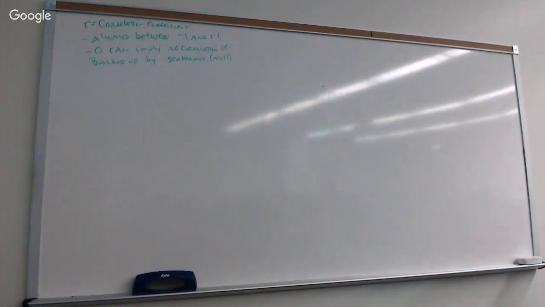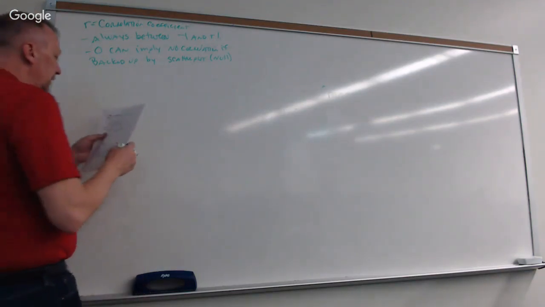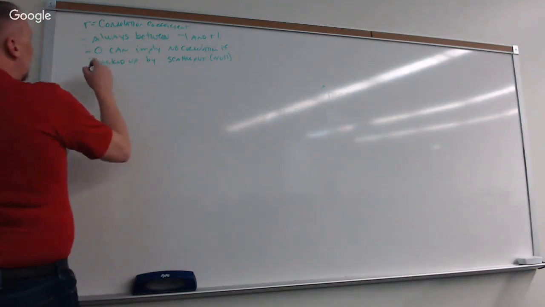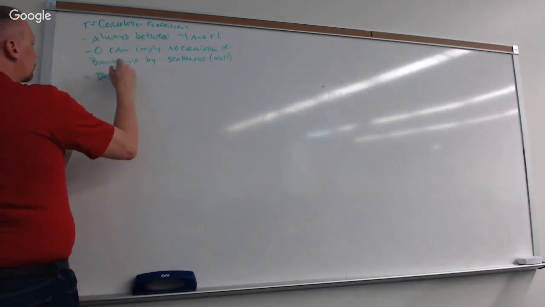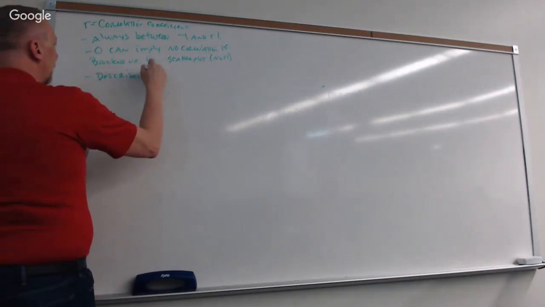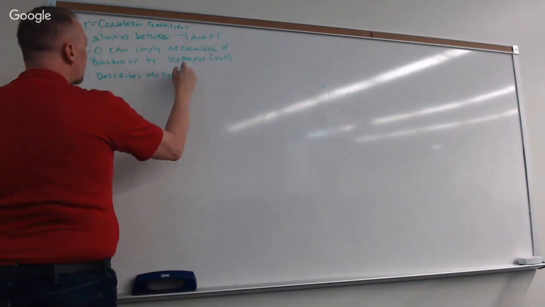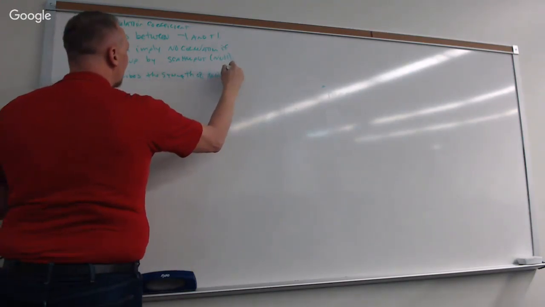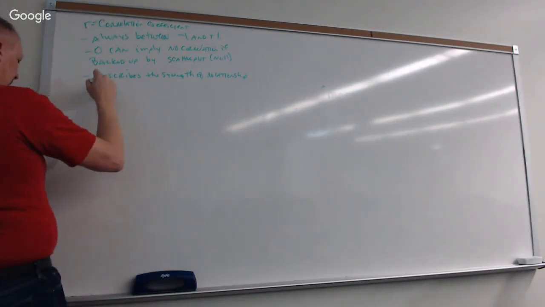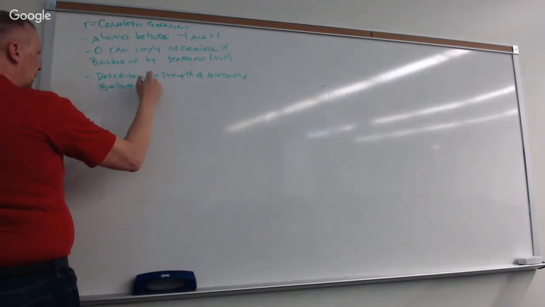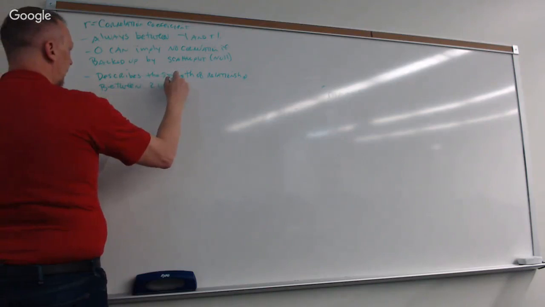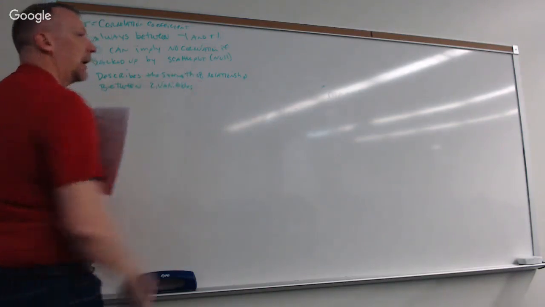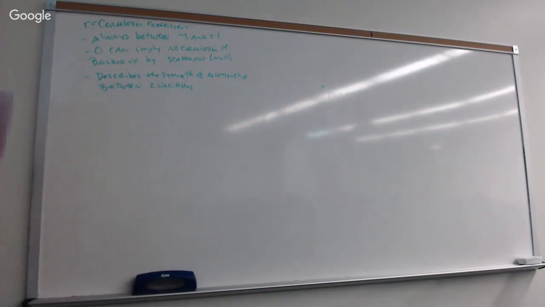Okay, so the correlation coefficient describes the strength of the relationship between the two variables. I'm going to put absolute values here.